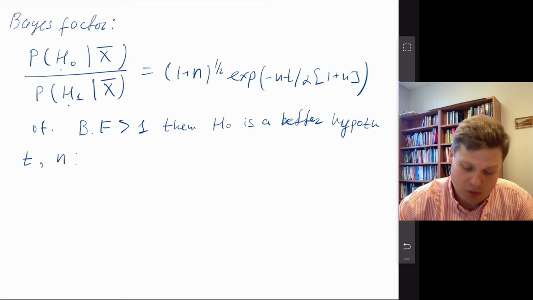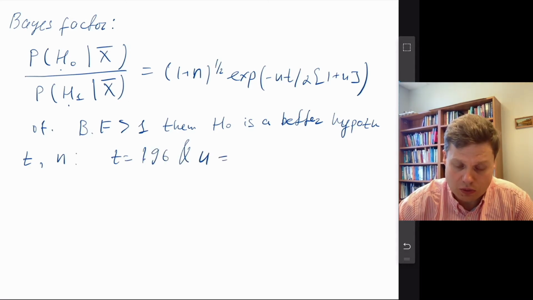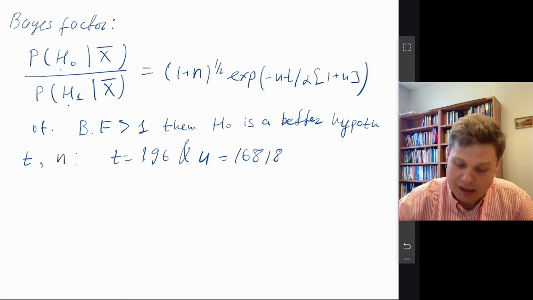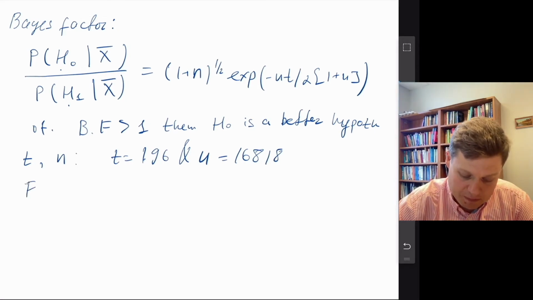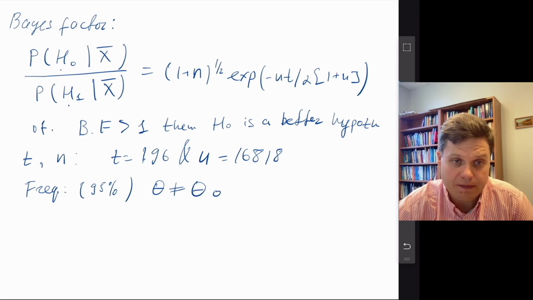For example, when t equals 1.96 and n equals 16,000, which is a backward calculated value, then the frequentist approach under 95% confidence says that theta is not equal to theta 0.